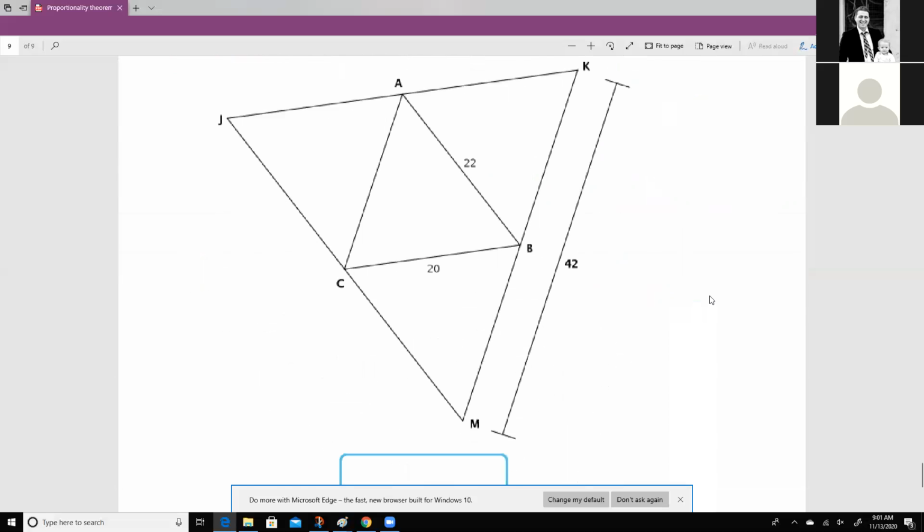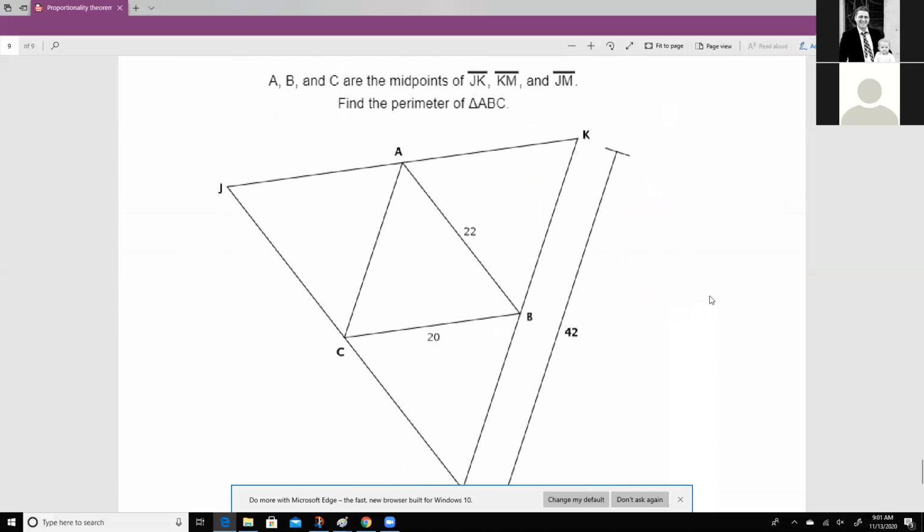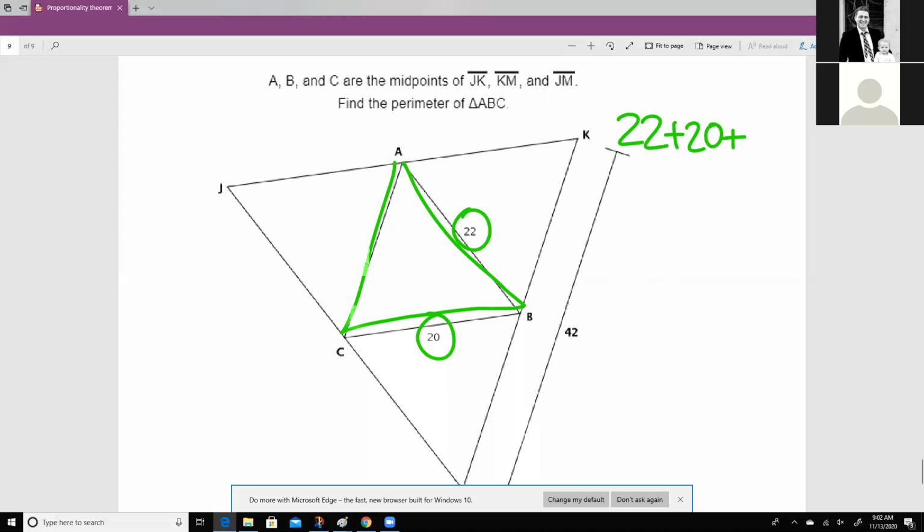All right, here's our last example. We're given that they are mid-segments because we know that those are midpoints. And I'm trying to find the perimeter of ABC. And, oh, that's nice. I already know two of my sides. So I've got 22 plus 20 plus, we only need to find one side here.